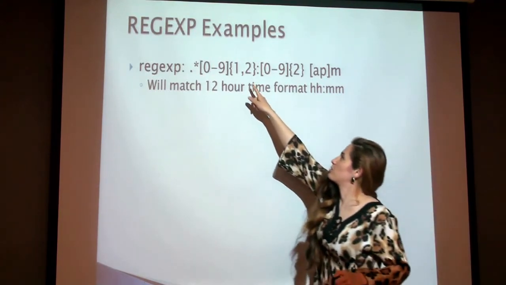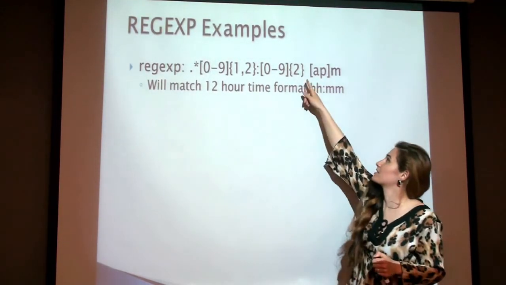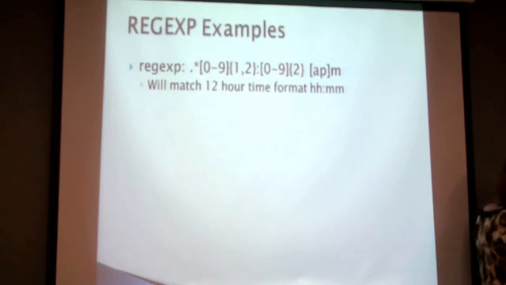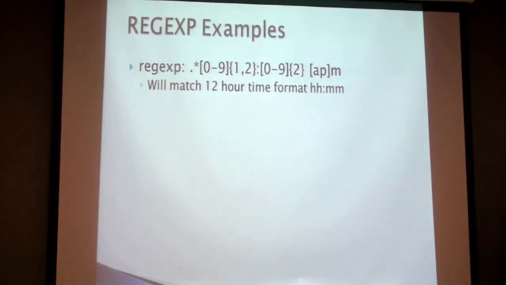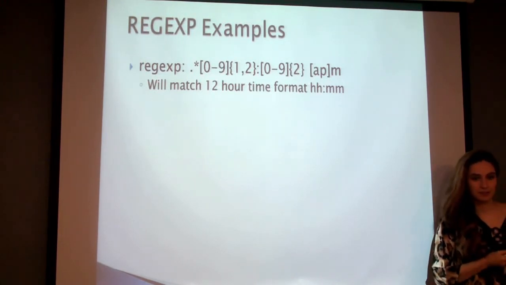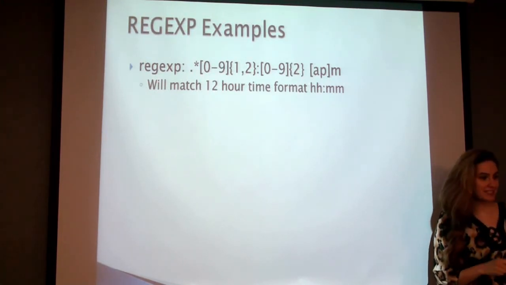Why did they say 1, 2 here, but they didn't say 1, 2 there? Just one number. Zero. What time is it? 22. What time is it? Oh, here.